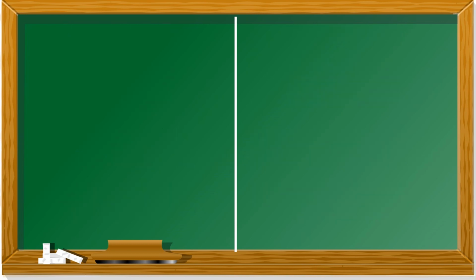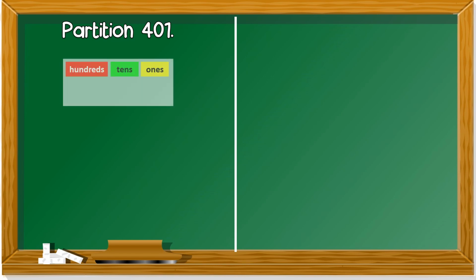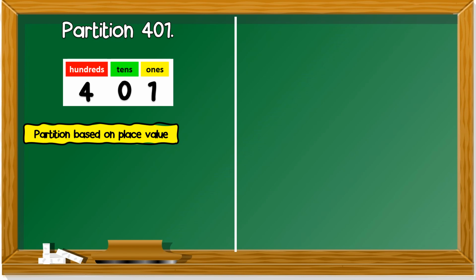Example number 3. Partition 401. Draw the table. Put the numbers in. When we partition based on place value, it's 400s plus 0 tens plus 1 ones.